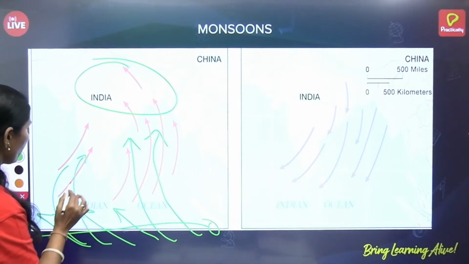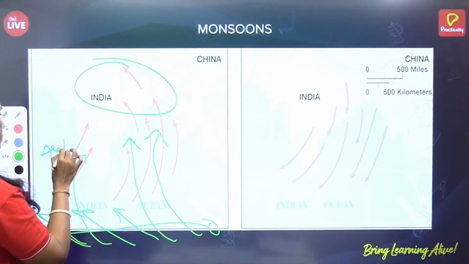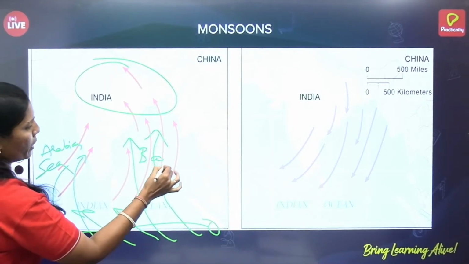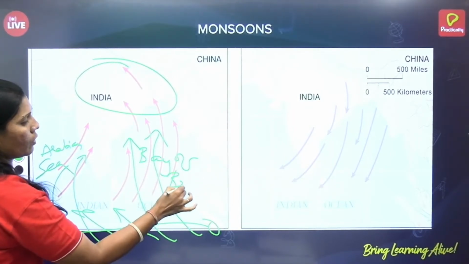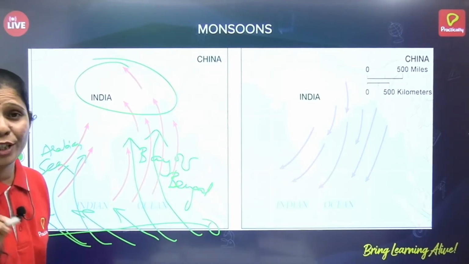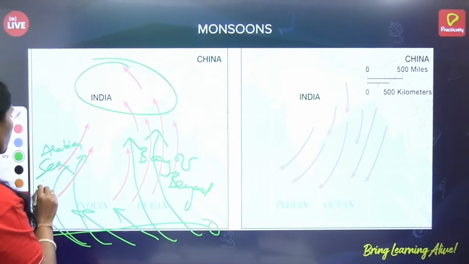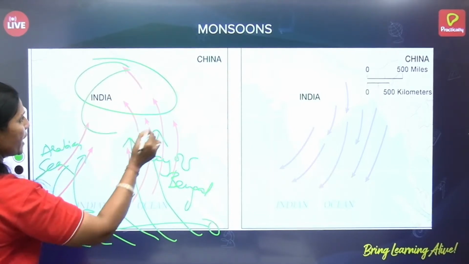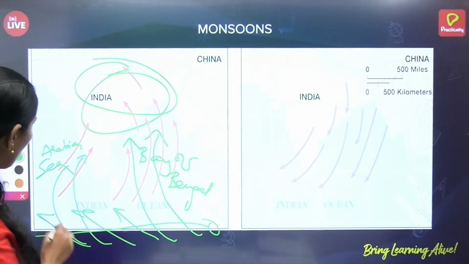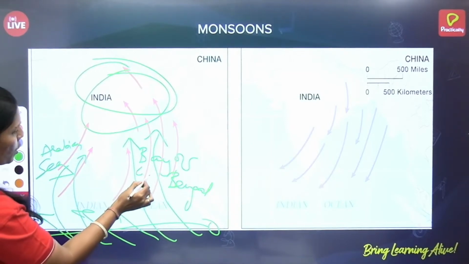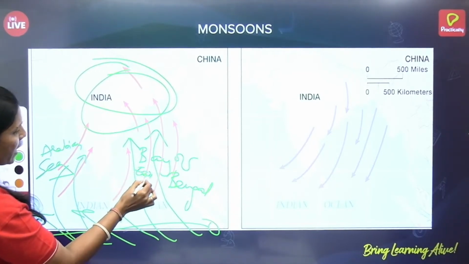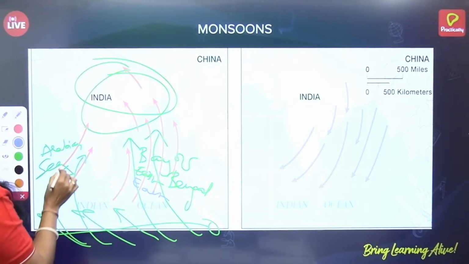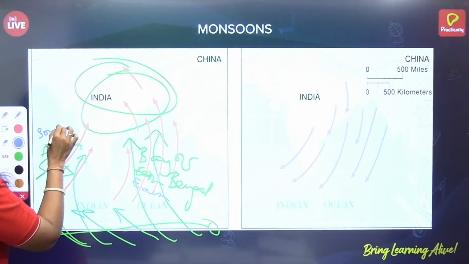They flow via the Arabian Sea. Some flow via the Bay of Bengal. The winds blowing through the Arabian Sea bring more rains to India. So we call these southwest monsoons.